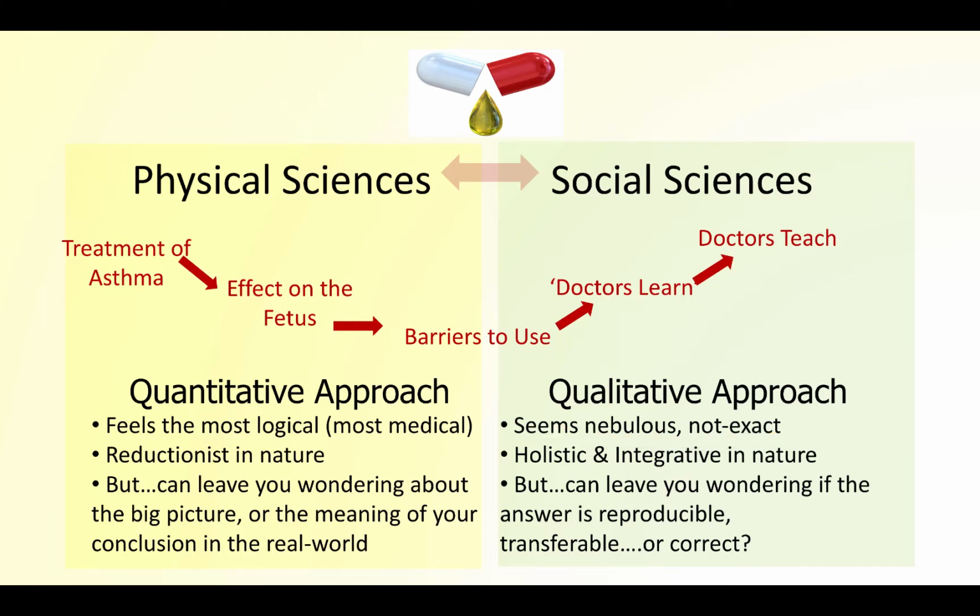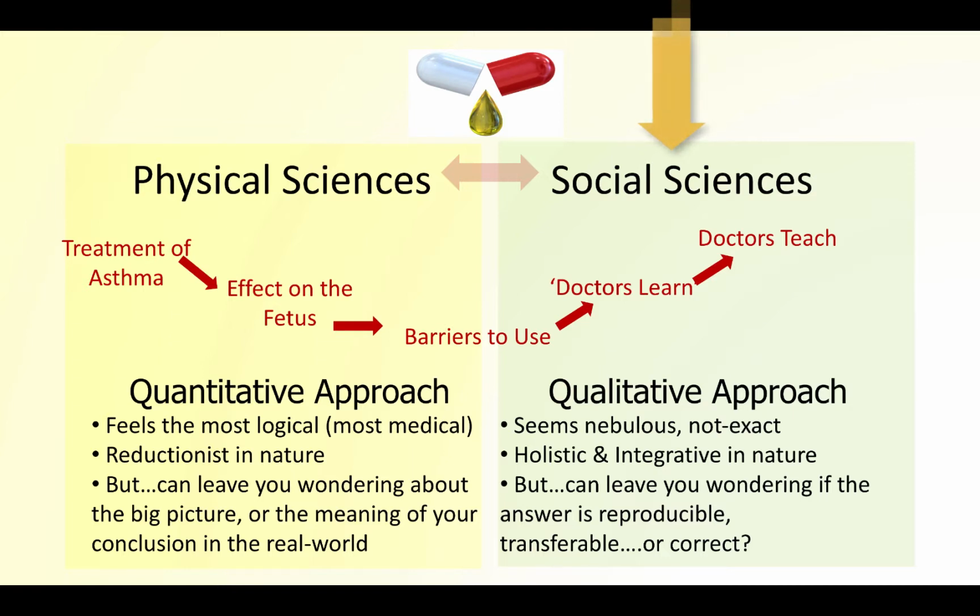On the left, when we think about more of the physical science approach and a quantitative approach to a study, at times it can feel the most logical or the most medical to us because much of the medical literature is grounded in this similar approach. It's very reductionist in nature, but it can also leave you wondering about the big picture or the meaning of the conclusion in the real world. But here on the right, as we talk about the type of study that moves more into the social science world, it's more of a qualitative approach.